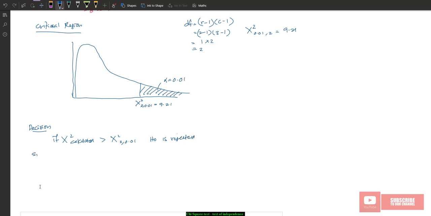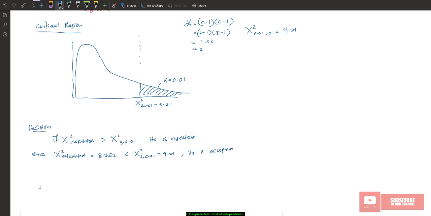So since chi-squared calculated is equal to 8.252, which is less than chi-squared with 2 degrees of freedom at 0.01 alpha, 9.21, the null hypothesis is accepted, right?